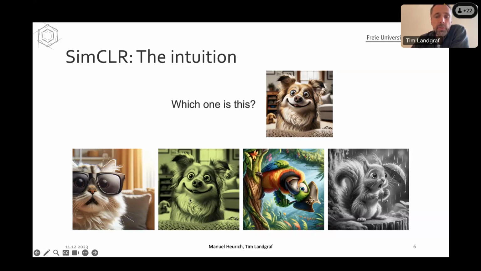This is simple for humans, but depends on how we represent those images. If I just took, for example, the pixel values in this, I don't know, couple of 100,000 dimensional space, it probably wouldn't be as easy a decision as using some better representations. And the SimCLR goal is to find exactly this good representation that allows a classification based on an input. Okay, so given this, which one is it?